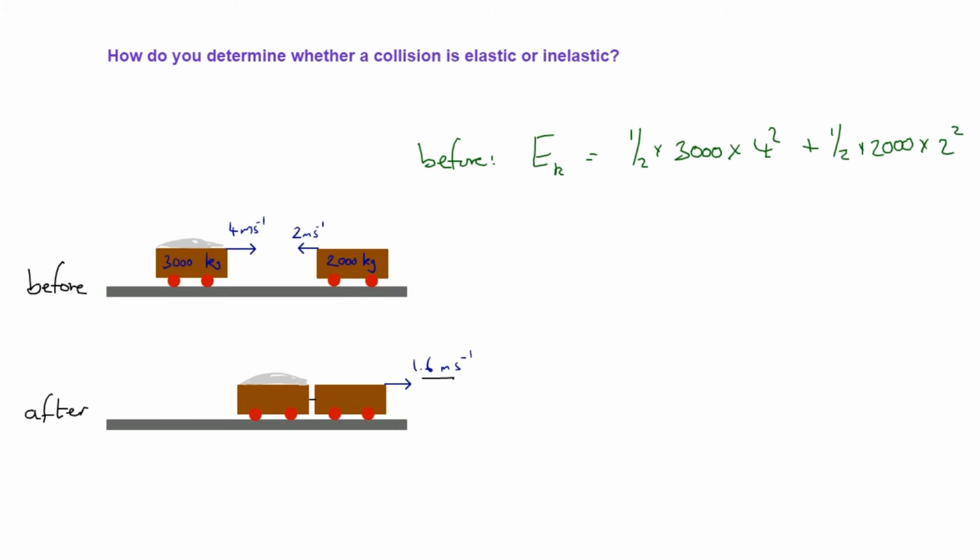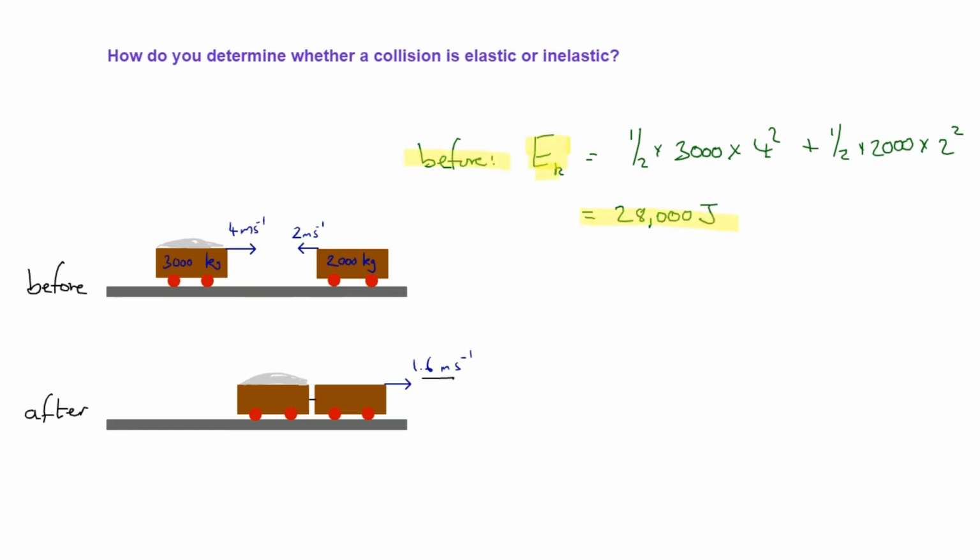Notice, kinetic energy is half times mass times speed squared, not velocity, but we could put minus 2. It doesn't matter because the minus would disappear anyway. Minus 2 squared is also 4. We're just interested in the magnitude of the velocity, the speed. If we evaluate that, we get 28,000 joules. So that's the initial kinetic energy in the system.